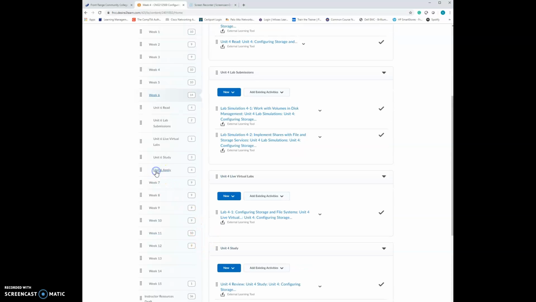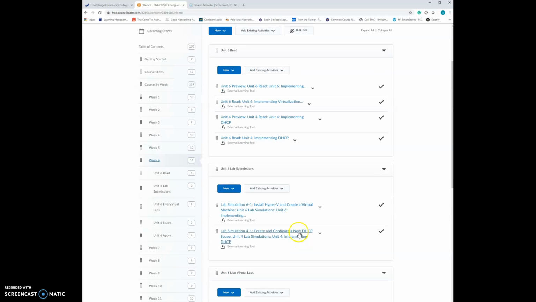One change came in week 6. I also threw in the DHCP from the other book, just so you have a little more coverage of that. DHCP is an important scope of running a server. It basically makes sure that your IPs are being assigned out properly.